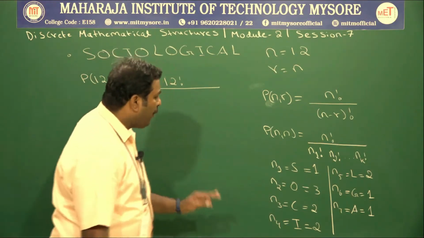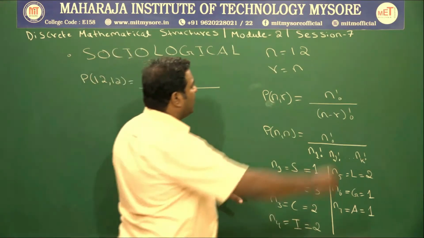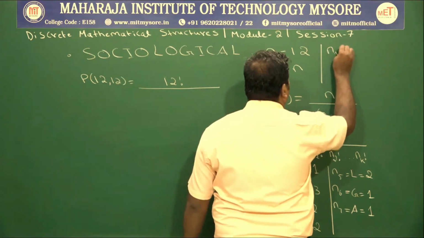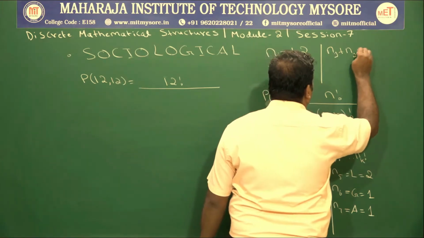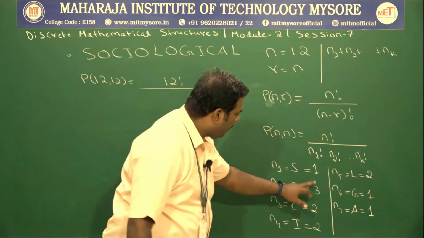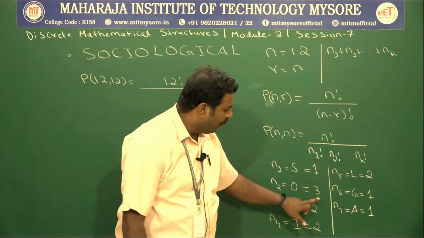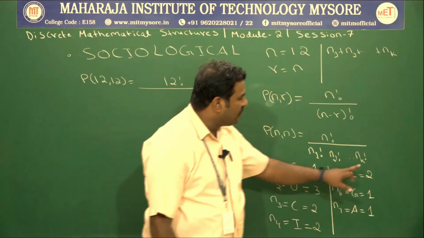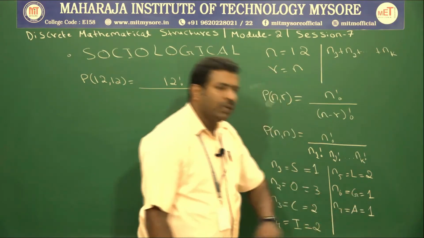Fine. So now just look at this. Now if I am going to add all of this up, that is N1 plus N2 plus so on plus Nk. That is 1 plus 3, which is 4, 4 plus 2 is 6, 6 plus 2 is 8, 8 plus 2 is 10, 10 plus 1 is 11, 11 plus 1 is 12.